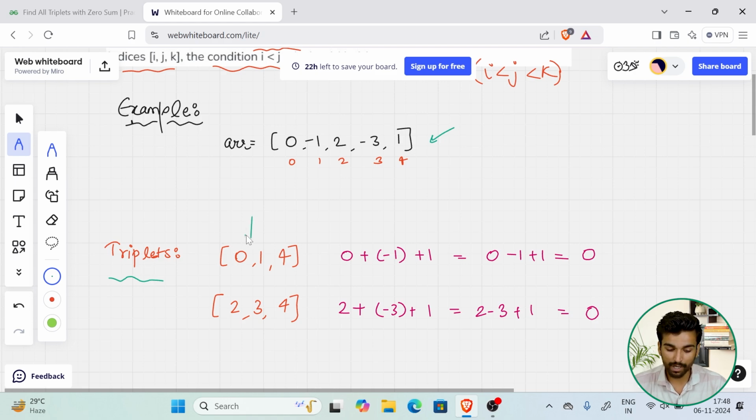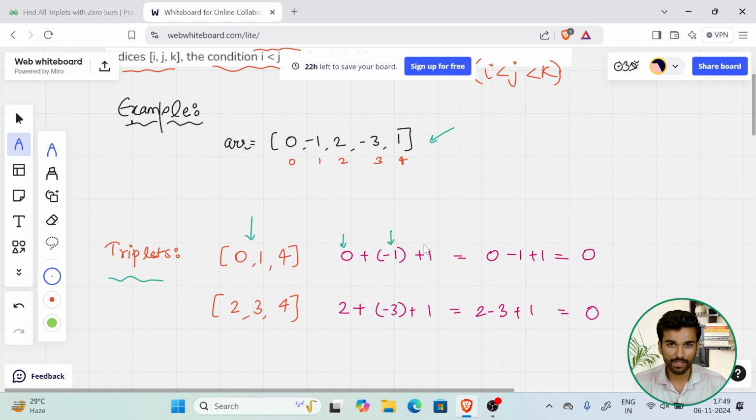The first triplet is 0, 1, 4. What is the meaning of this 0, 1, 4? It means the value present at the 0th index, the value at the first index and the value at the fourth index sum to 0. Let's see if that is true. Here you can see that arr[0] is 0, arr[1] is -1, and arr[4] is +1.